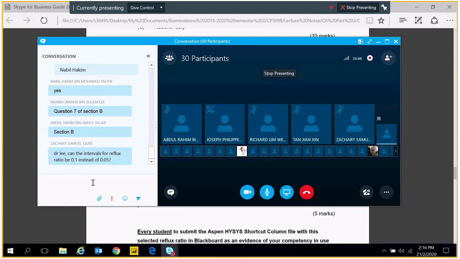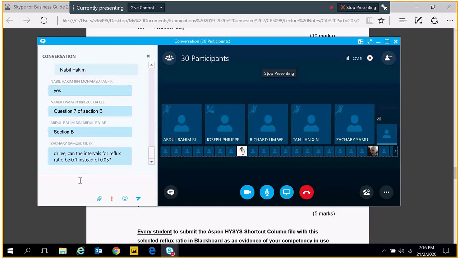Okay, all right, instead of 0.05, I know you want to use 0.1. I suggest 1.2 times the minimum reflux ratio, 1.25 times the minimum reflux ratio. If you use 0.1, then you don't get the resolution.